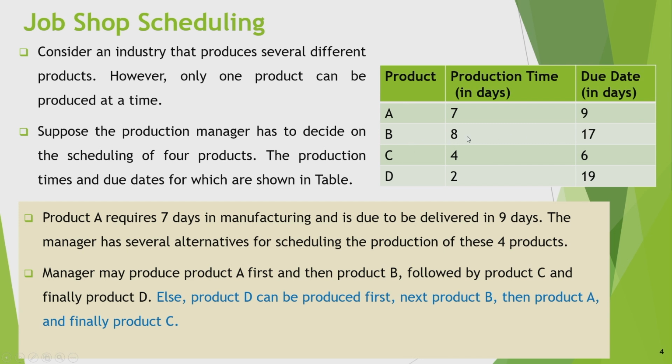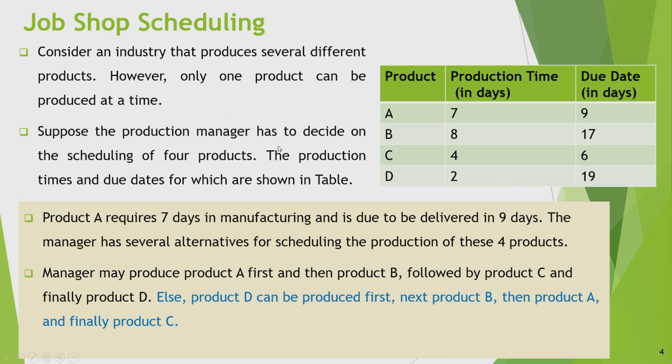B production time is 8, but it has to be done by 17th of that month, if things start from the beginning of the month. Then product C takes 4 days, but its due date is only 6th day, that day 6. And this is D, which takes only 2 days to process, but due date is 19.